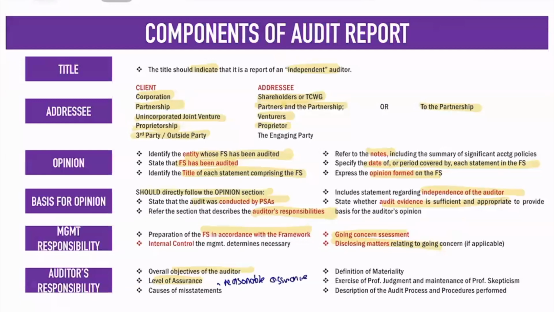Now, also include any causes of misstatements, only a definition of materiality, not exactly your materiality threshold, but the definition only, that the audit was exercised using professional judgment and professional skepticism, and a description of the audit process and your procedures performed. Now, at the bottom part of your audit report, we have the name and signature.